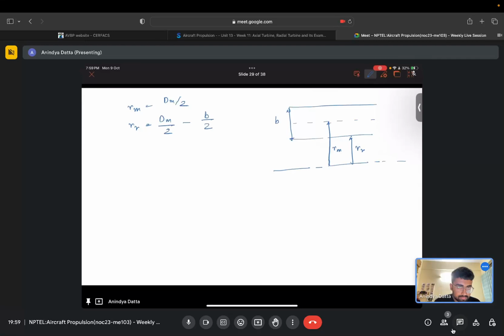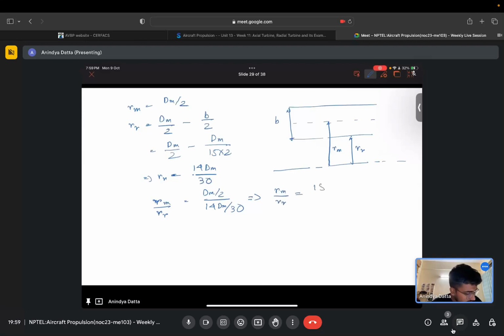So this is the mean. dm by 2 minus b is dm by 15. So what we will get is Rr is equal to 14 dm by 30. So Rm by Rr is equal to dm by 2 divided by 14 dm by 30, so we get Rm by Rr as 15 by 14.